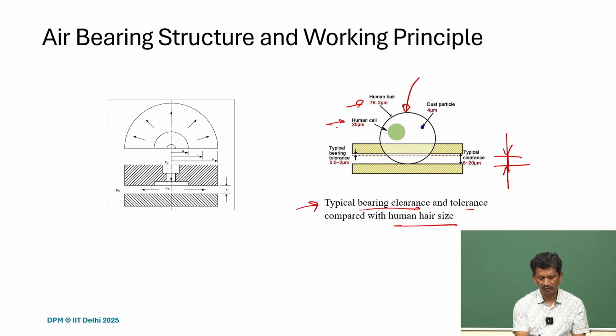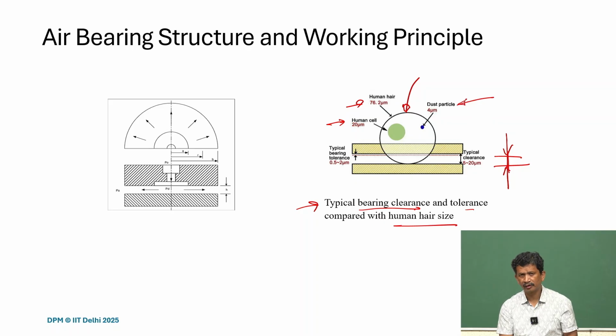This is the human cell, the green one, 20 micron. The finer dust particle is about 4 micron. Now this gap is of the order of 5 to 20 micron.